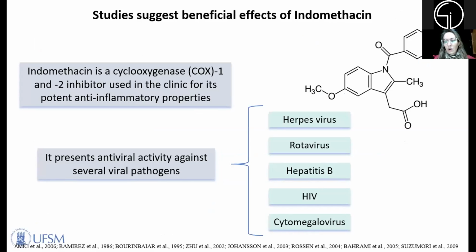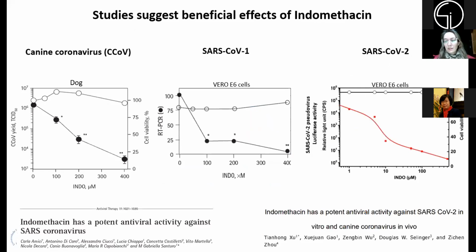Indomethacin is a COX-1 and 2 inhibitor used clinically for its anti-inflammatory properties, and it presents antiviral activity against several viral pathogens. Indomethacin also has a potent antiviral activity against SARS coronavirus.